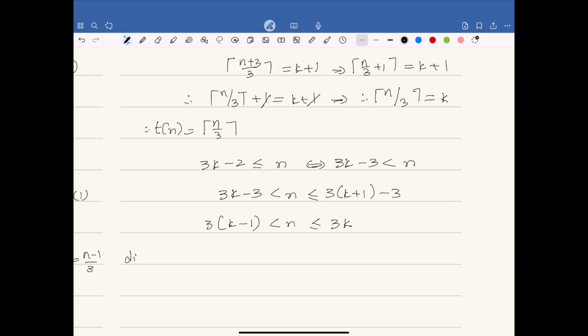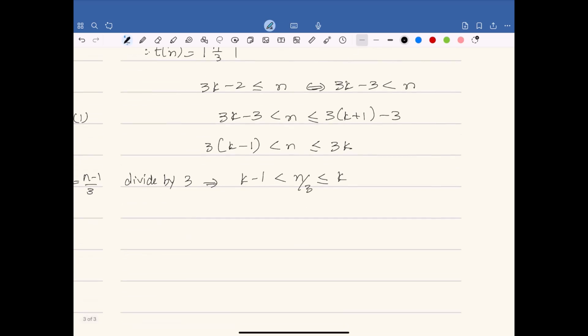Now divide by 3 each part of this inequality. So we will get k minus 1 less than n over 3 less than or equal to k. And this is in fact the ceiling of n over 3 equal to k.